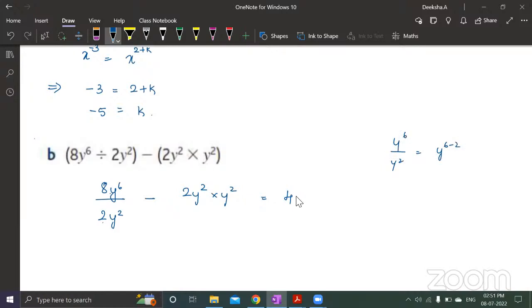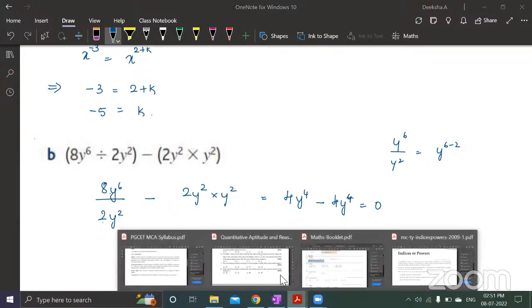Okay, so y power 4 minus, this is 2 into 2 is 4, y square into y square is again y power 4, because base is same, we need to add the powers. Base is y, add the powers, 2 plus 2 is 4, so you get y power 4. So both the numbers are same and you're subtracting them, the answer will be 0. Hope it is clear.